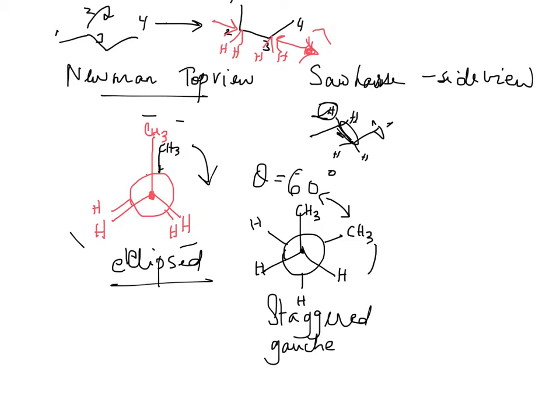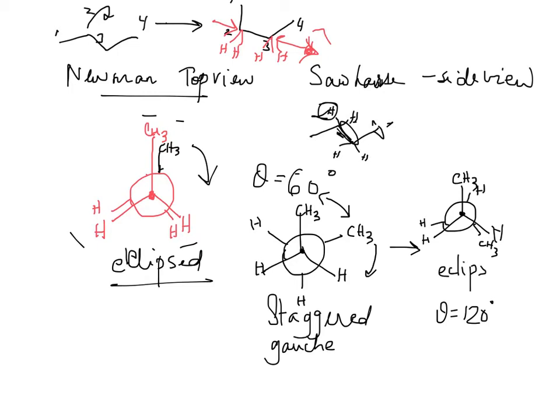When you give it another rotation, so now theta will be 120 degrees, you're going to see a CH3 on top, H and H. On the back carbon, you're going to see a CH3, an H, and an H. So we have gone back to our eclipsed structure. And if you recognize, we will have an eclipsed CH3-H interaction.